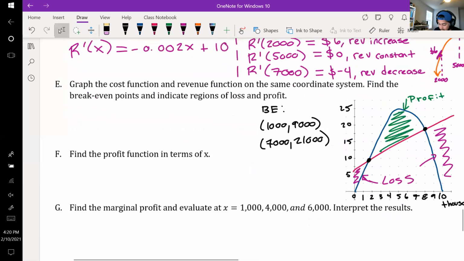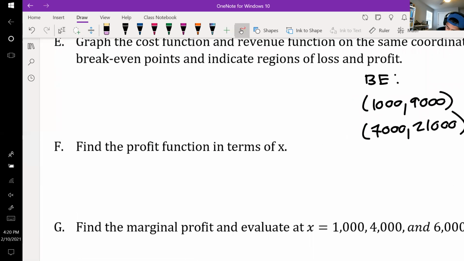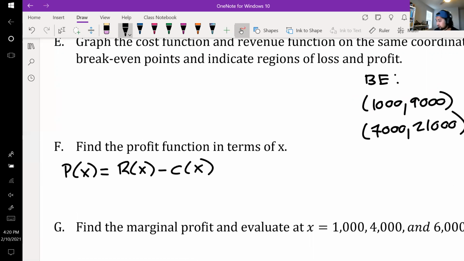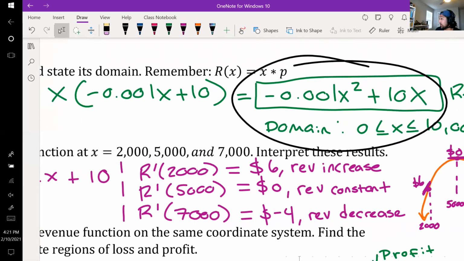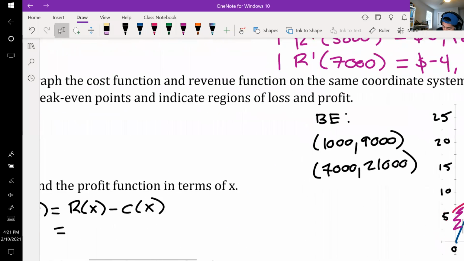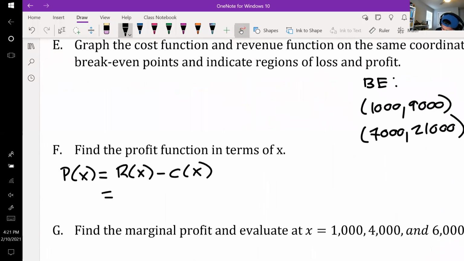Okay. So now on the profit, remember that profit is given by revenue minus cost. So what we're going to do is take the revenue function we found above, which is in green, negative 0.001x squared plus 10x, and plug that in. So negative 0.001x squared plus 10x.